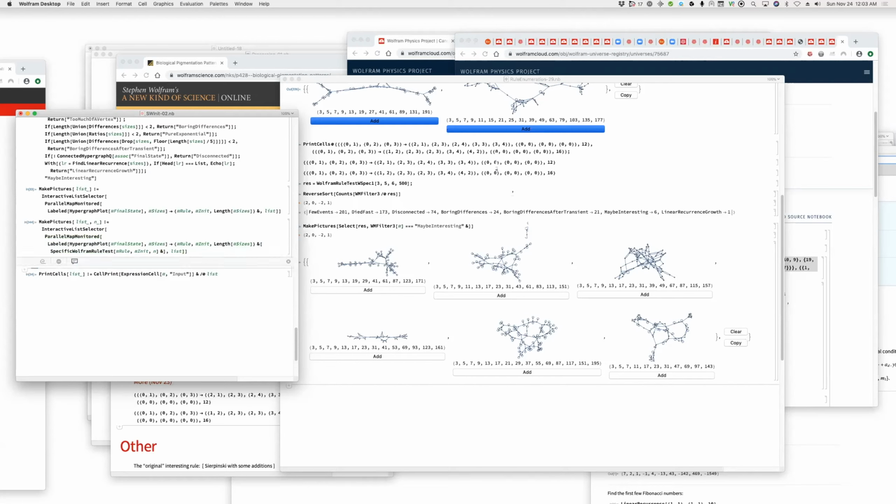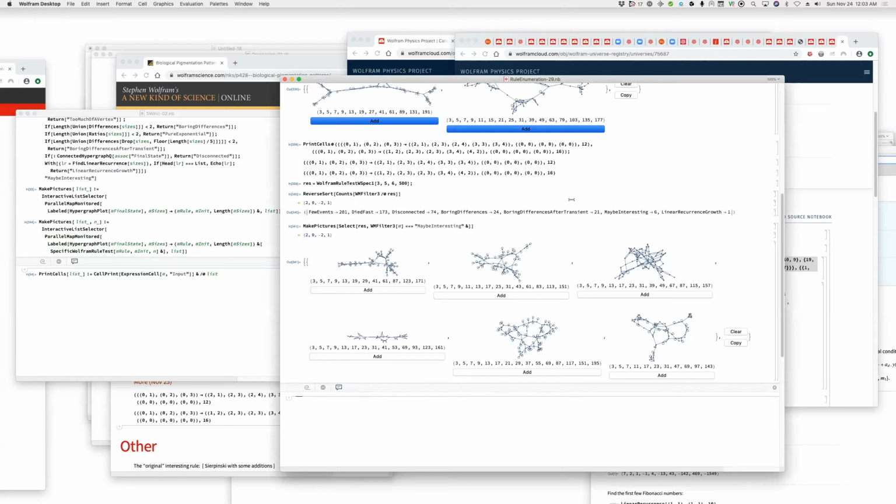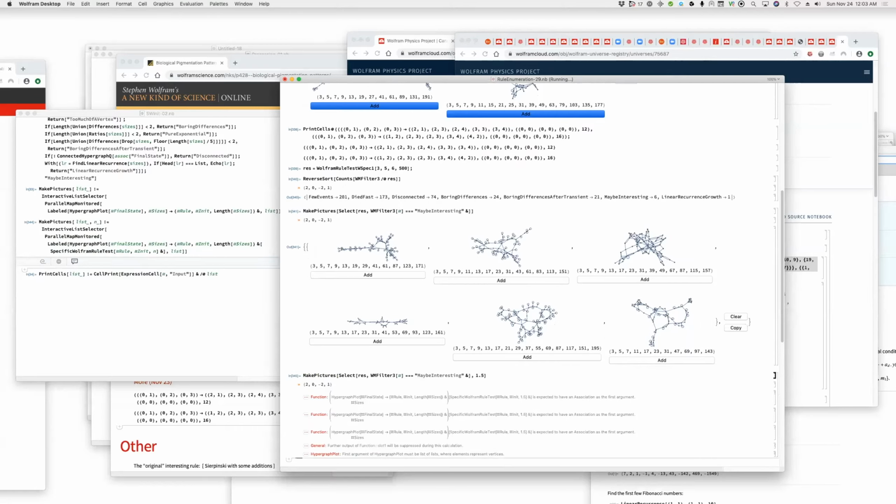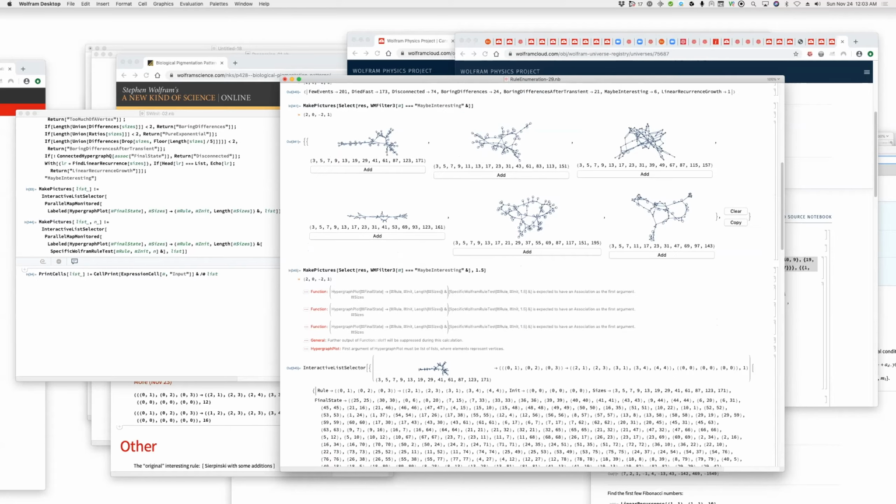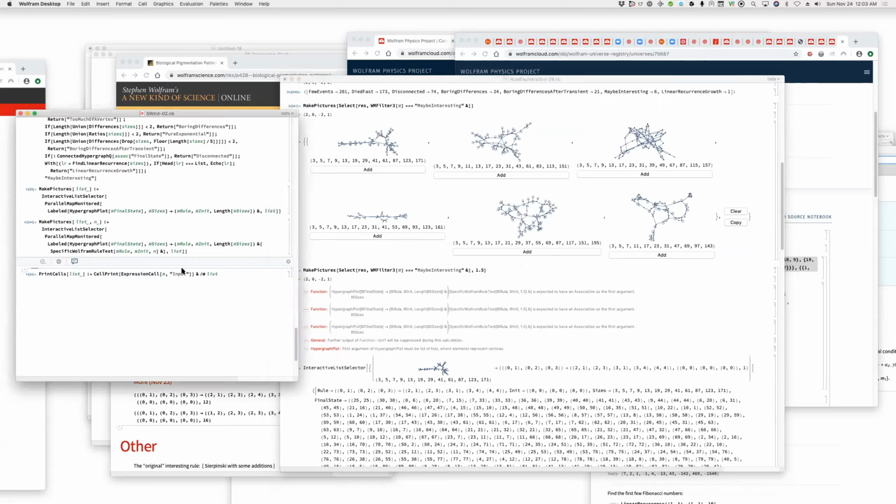Is that going to work correctly? So that's applying. Did I get this wrong? Well, what does specific Wolfram rule test return?